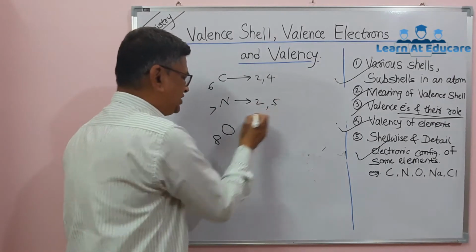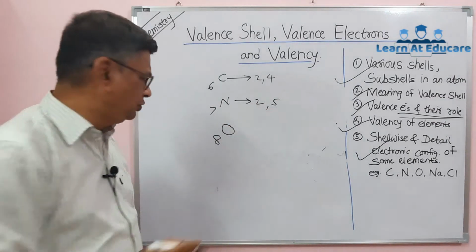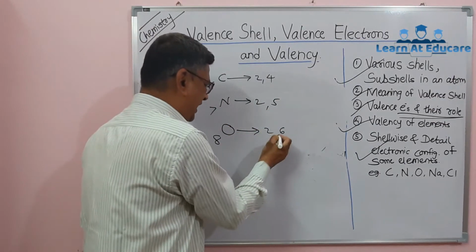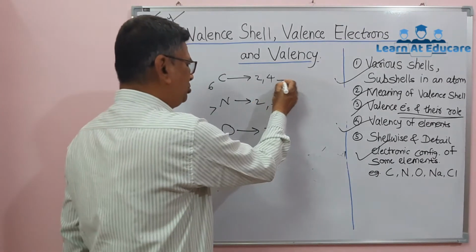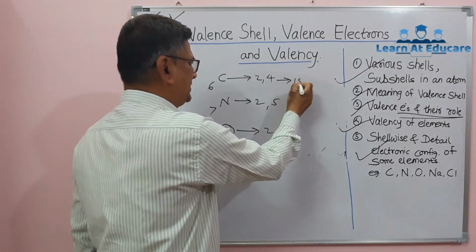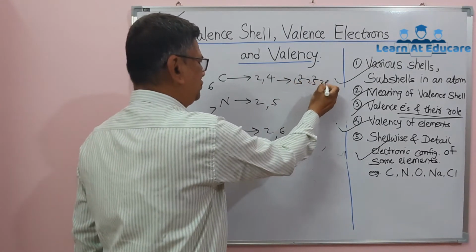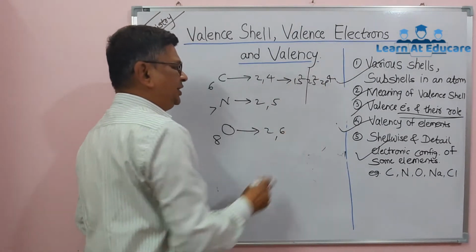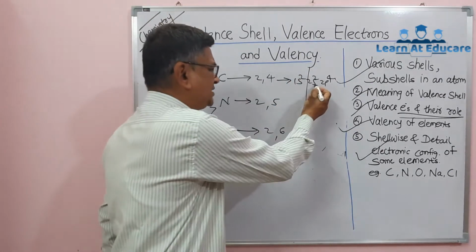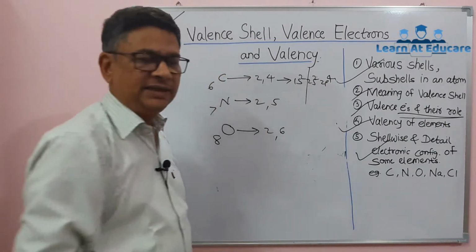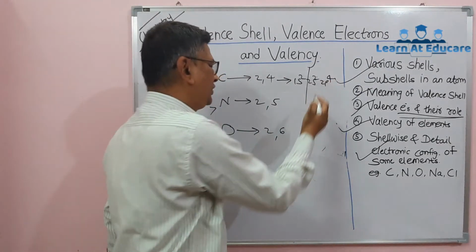Nitrogen has 2, 5, while oxygen has 2, 6. We will take the detailed configuration of carbon. It is written as 1s2, 2s2, 2p2, meaning its first shell s orbital has 2 electrons, second shell s orbital 2 electrons, while the second shell p orbital has 2 electrons.